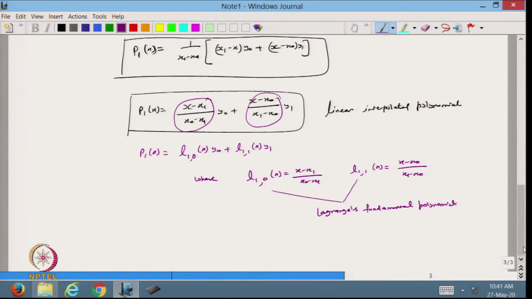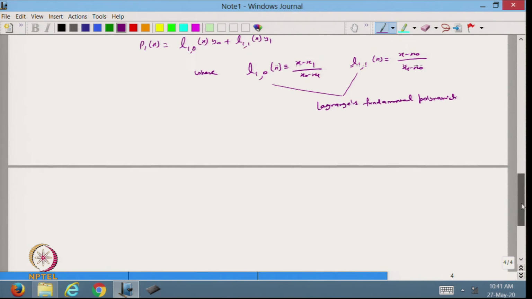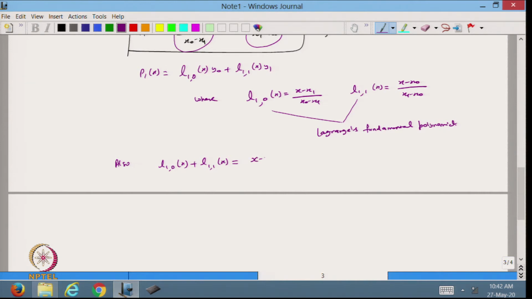So, these fundamental polynomials have some properties. From here I can write that if I add L1,0(x) plus L1,1(x) all together, I will get (x minus x1) plus (x minus x0) over (x1 minus x0).